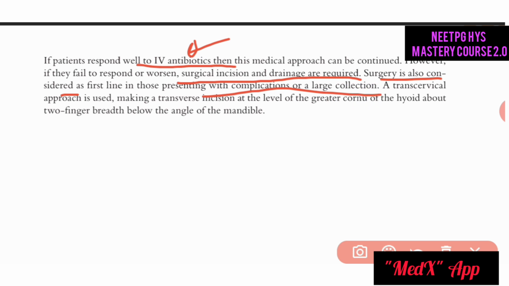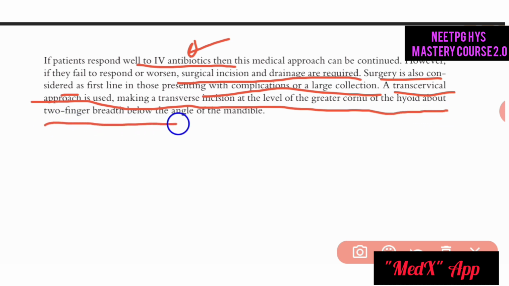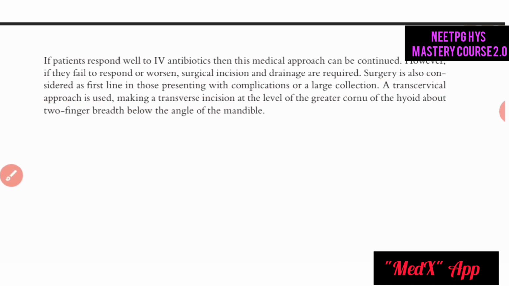One approach is the trans-cervical approach, where you give a transverse incision at the level of the greater cornu of hyoid, about 2 finger breadths below the angle of mandible, and drain the parapharyngeal abscess. This is a very important question that you should know, and the second question we will discuss in another part of the clinical short series.